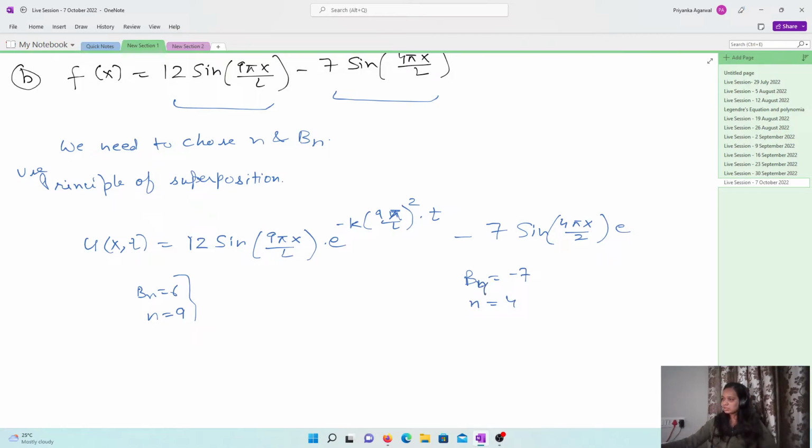This is b4 and this is b1, e to the power minus k. Okay. And this term I will write down here, e to the power minus k times 4 pi by L square into t.